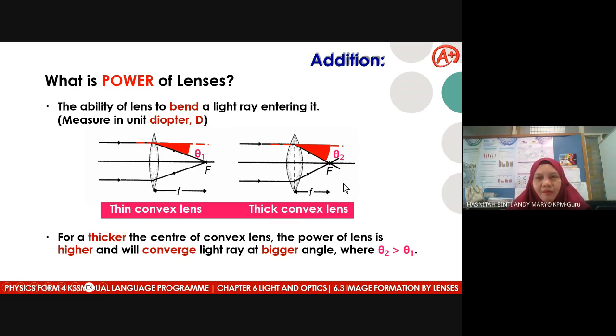Remember, a thicker convex lens has a higher power compared to a thinner convex lens, because it is able to bend more light, able to refract more light at a greater angle passing through it.